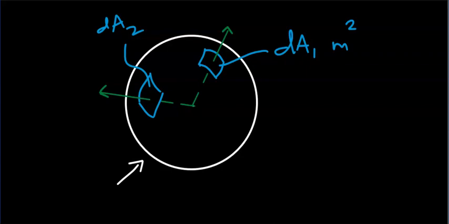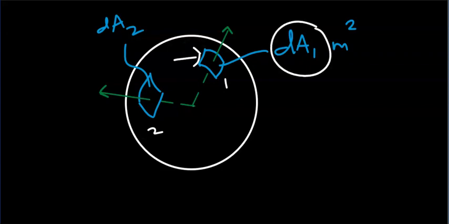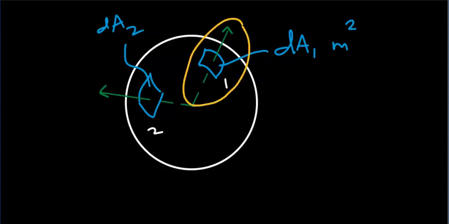Let's look at two areas, area 1 and area 2. So this surface right here has an area of dA1. Note that this green arrow represents the normal vector to this surface 1, and we shall denote that normal vector as r hat. Now why r hat?